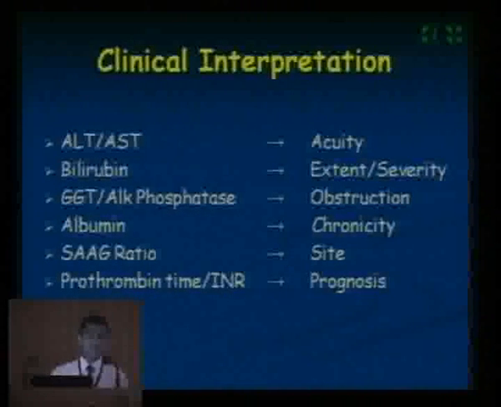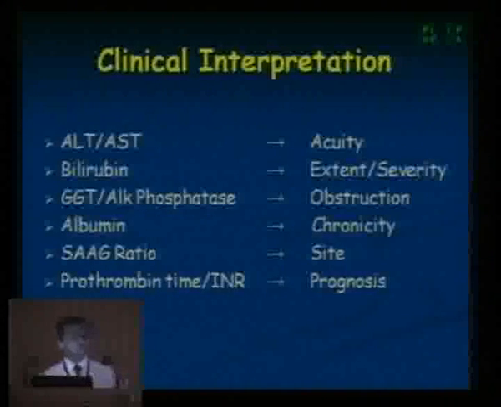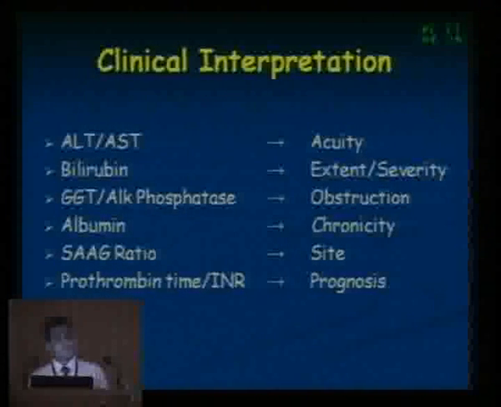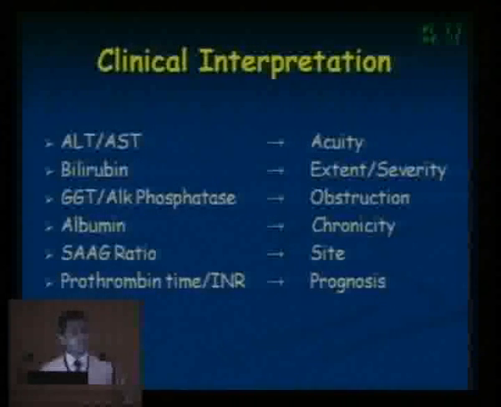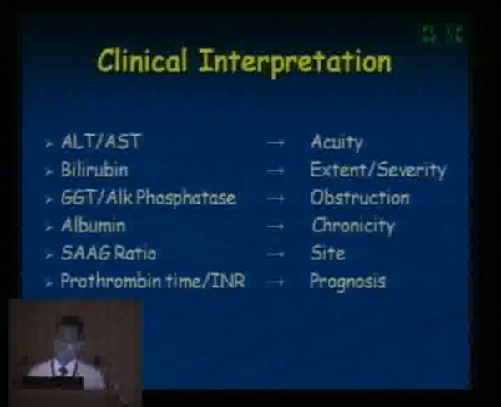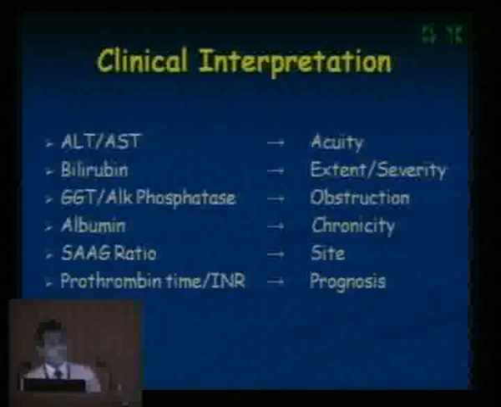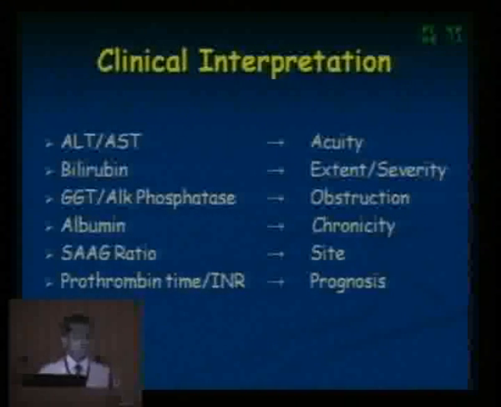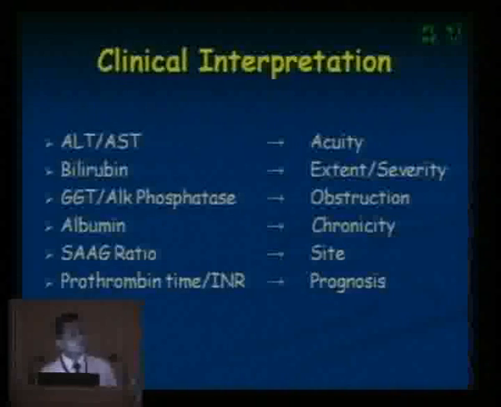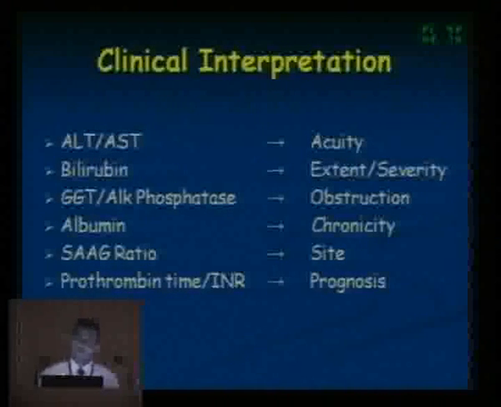GGT and alkaline phosphatase will tell you about obstruction of the biliary canaliculi, the biliary system. Albumin will tell you about the chronicity. SAG ratio will tell you the site of vascular obstruction. And prothrombin time, INR, will tell you about the prognosis of the disease.